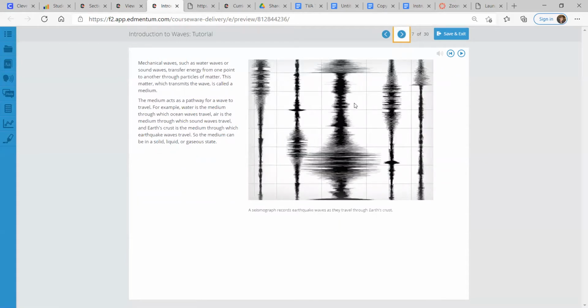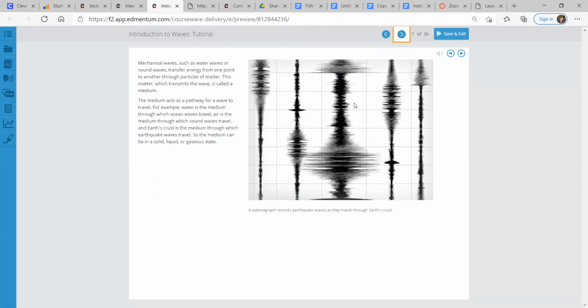Mechanical waves, such as water waves or sound waves, transfer energy from one point to another through particles of matter. This matter, which transmits the wave, is called a medium. So the thing that is actually doing the transmitting is called a medium. And that medium acts as a pathway for a wave to travel.